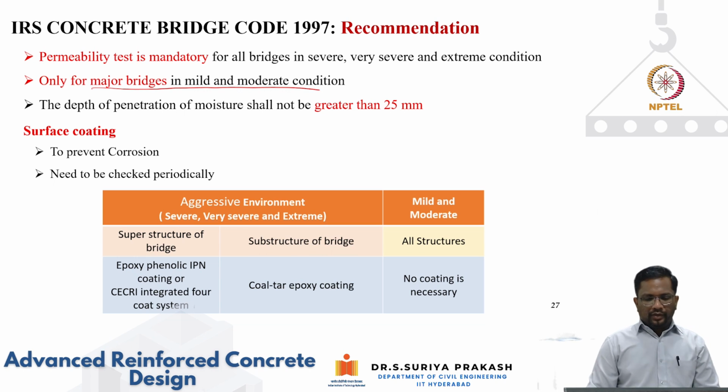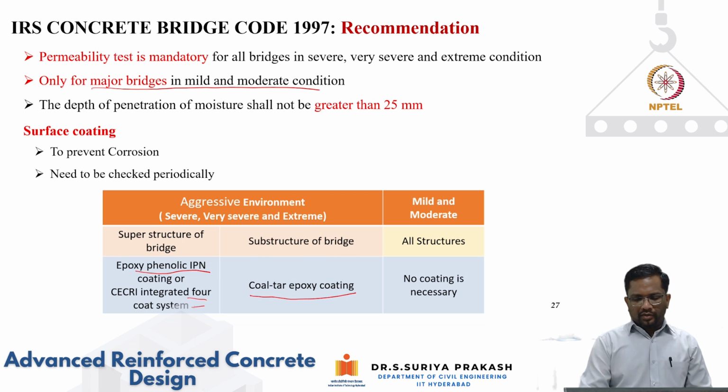And in terms of coating, for superstructure, either you can go for epoxy phenolic coating, or CECRI, Central Electrochemical Research Institute, has developed a four-coat system. We can use that. For substructure, they're recommending a coal tar epoxy-based coating.